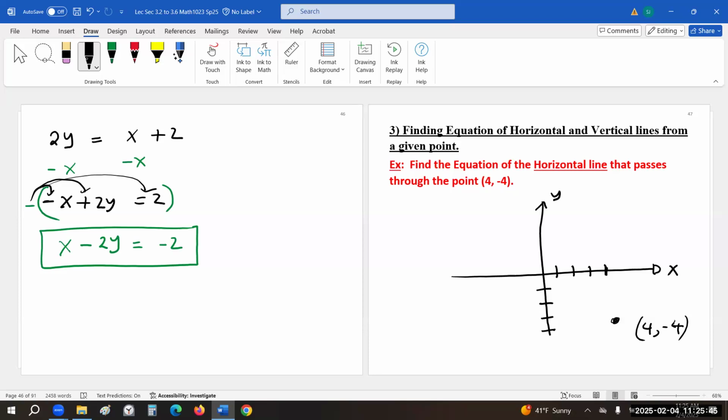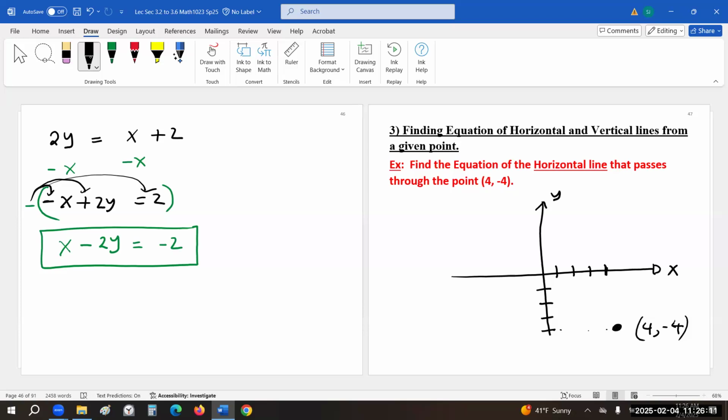So this question is asking, find the equation of the horizontal line that passes through that point. My point is a little bit up. Let me put it a little bit down. Here.